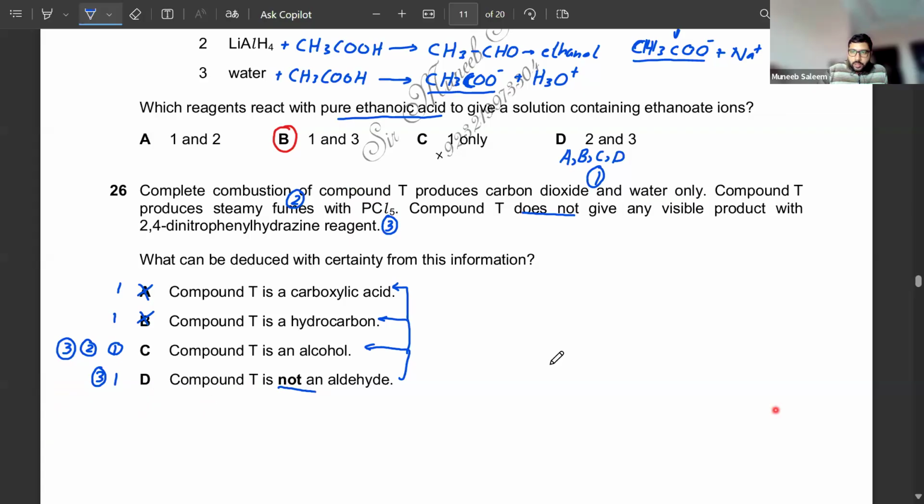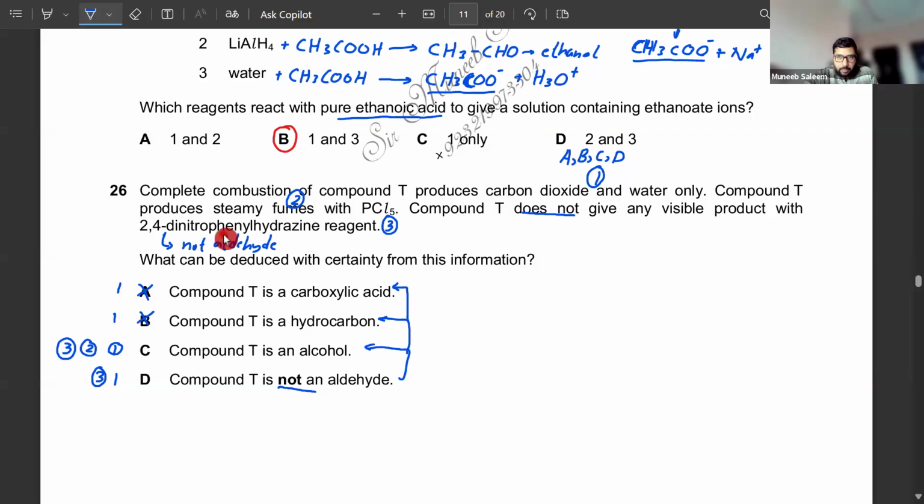So we need to understand what is more certain from this information. If it does not produce any visible product, it is clearly indicated that it is not an aldehyde. That's why it does not react with 2,4-DNPH.